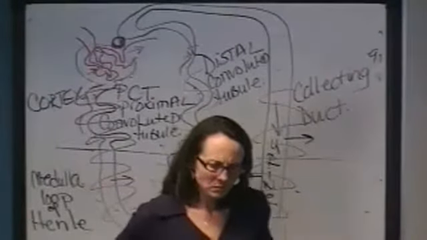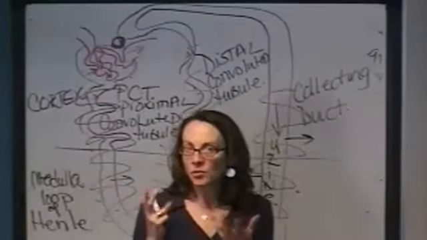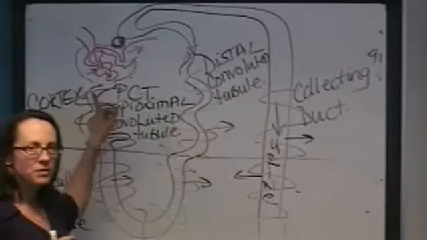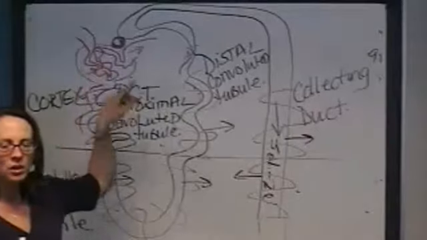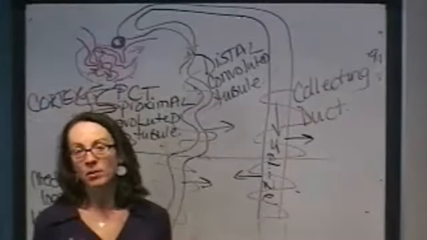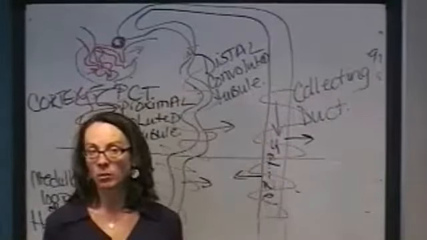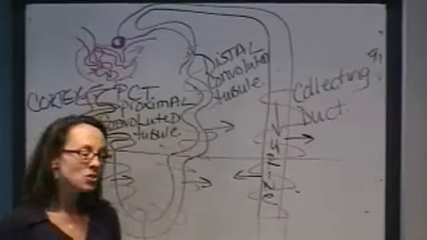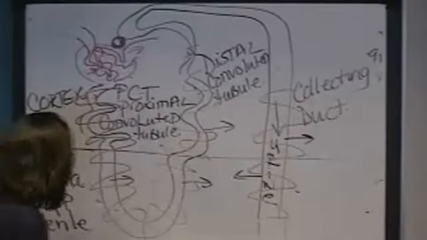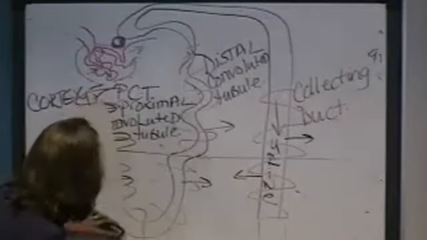Filtration. Now, of course, the capillaries that form the glomerulus are not going to be solid, right? If they were solid, there would be no filtration. Nothing would leak out of them. So I'm going to erase all this.